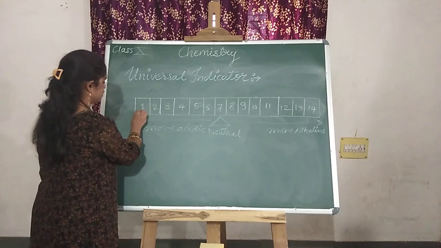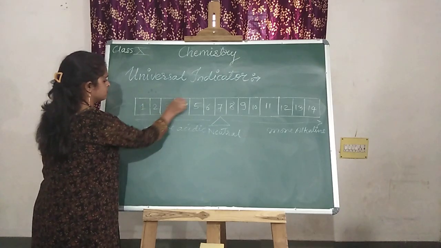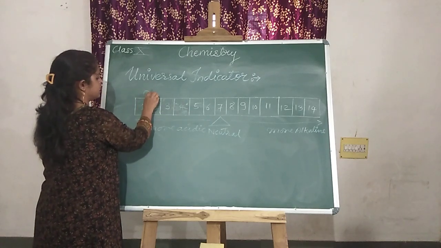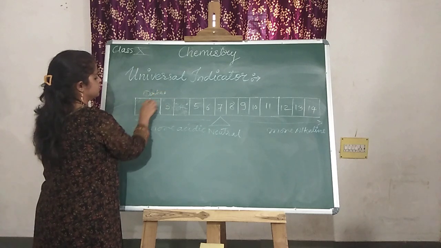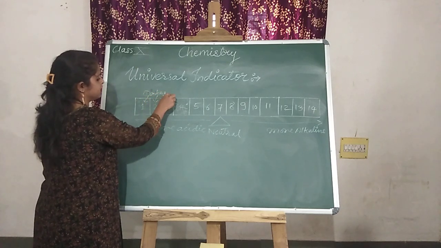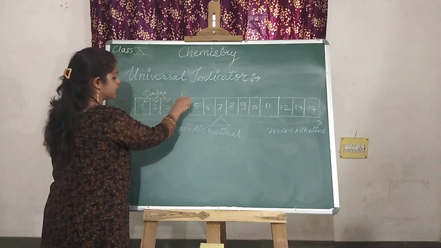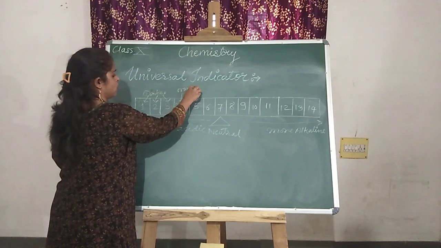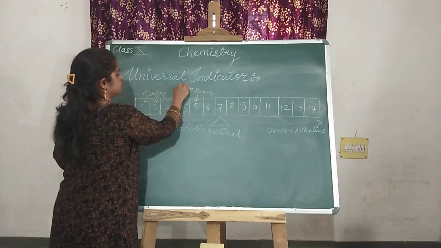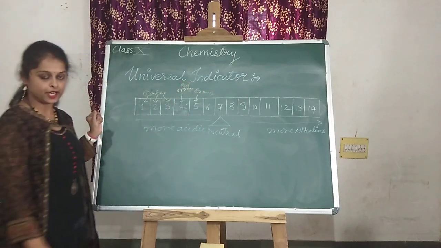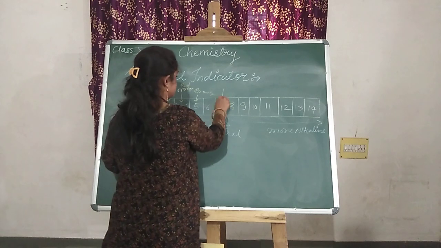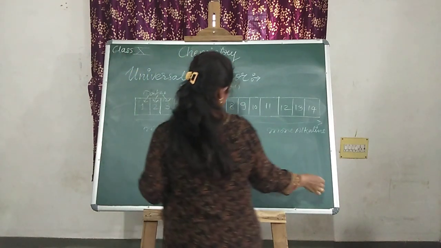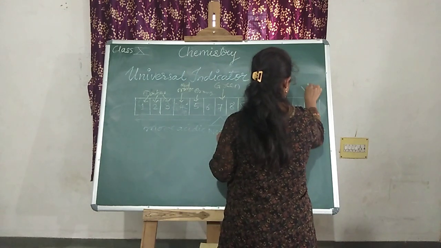These four you must consider as dark red, then red, then dark red orange, and then orange. This is red orange. This one is green. And this last one you can consider is violet.